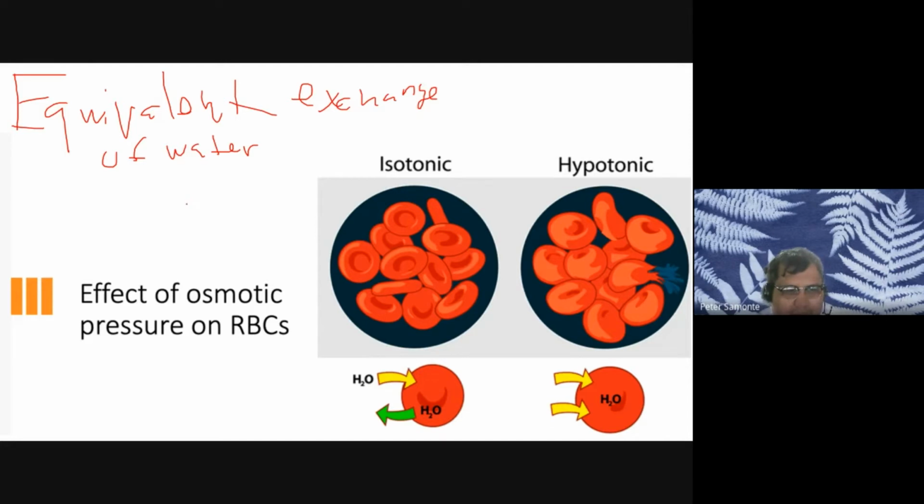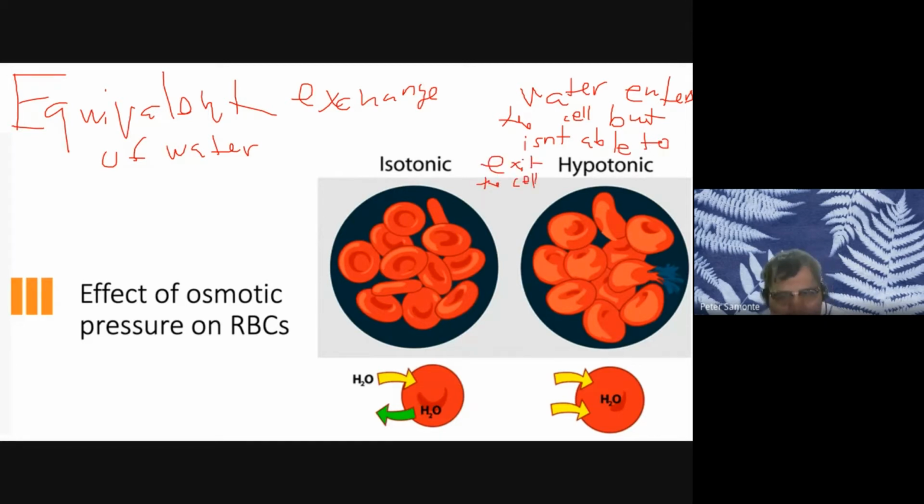There would be equivalent exchange. But in a hypotonic solution, class, water enters the cell but isn't able to go out, to exit the cell. And kapag hindi makalabas, when the water isn't able to go out, that would cause your RBC to swell. And when it swells, class, it would lyse.